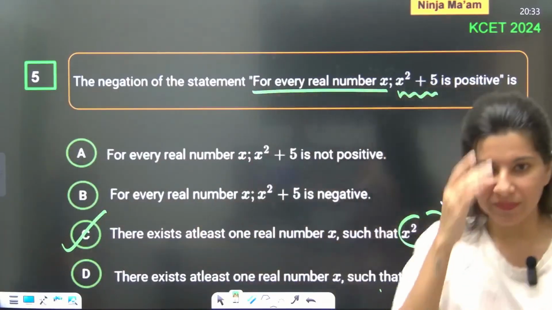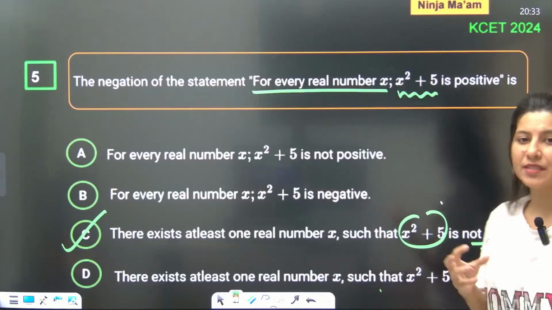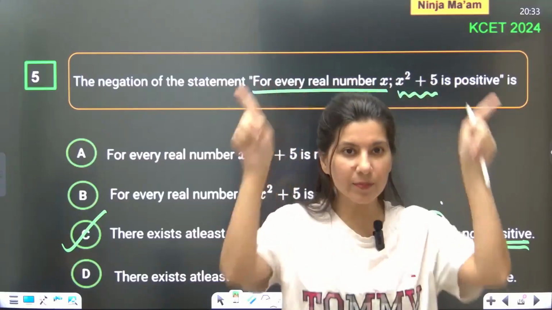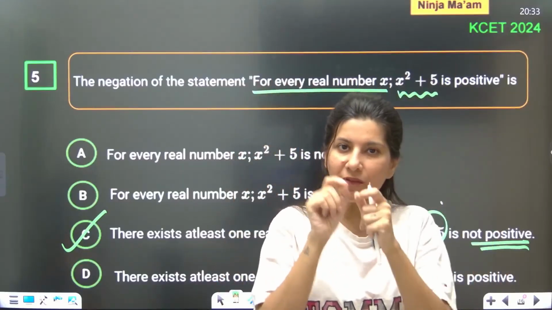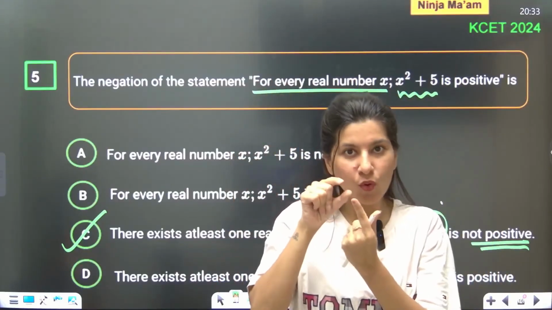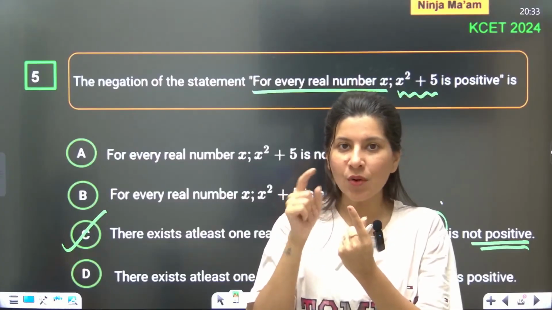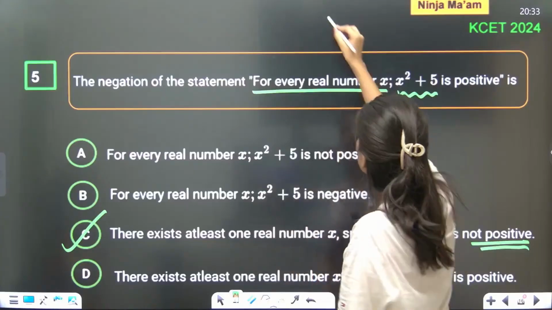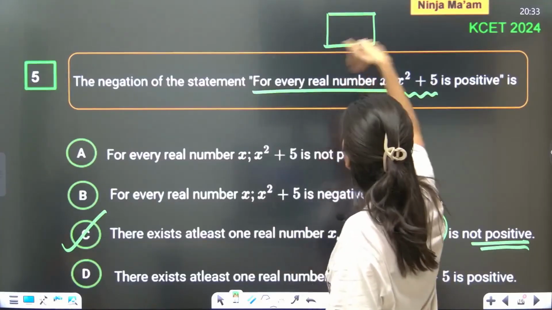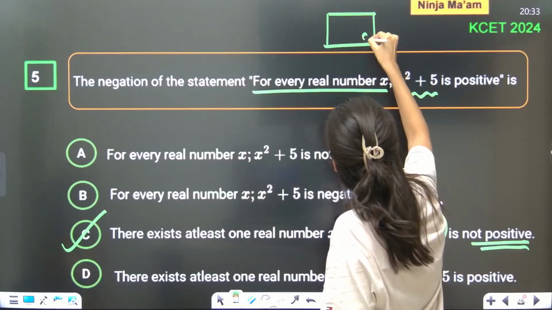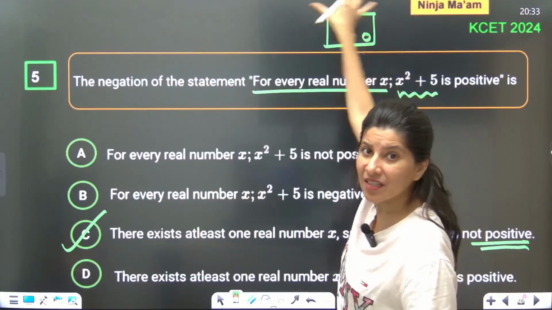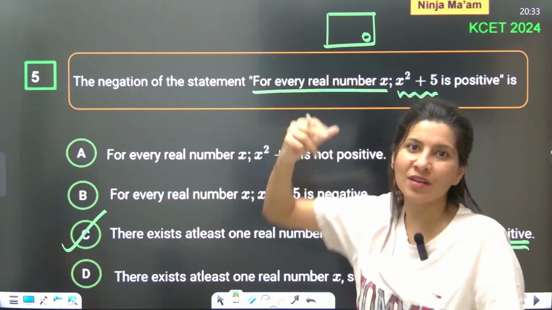Okay, clear? Why? Because see, if I say that this is the truth, the 100% truth, but if someone comes and tells us, no, he or she only has to prove just one thing in that whole. If I am saying this complete thing is a truth, if someone points at the circle and says no, this is not the truth, then that means the complete thing is in question right now.